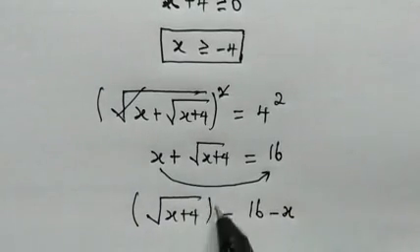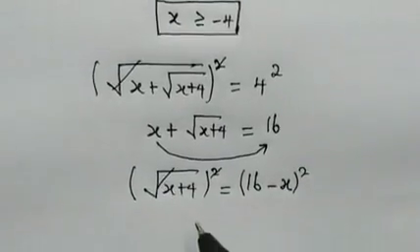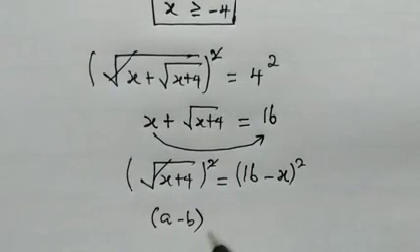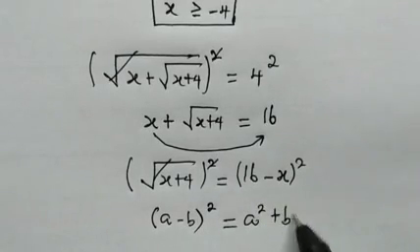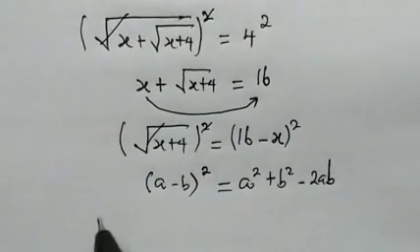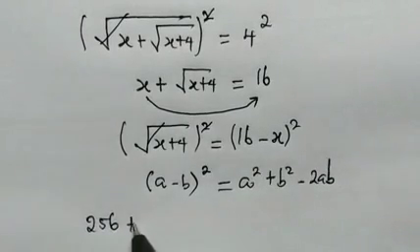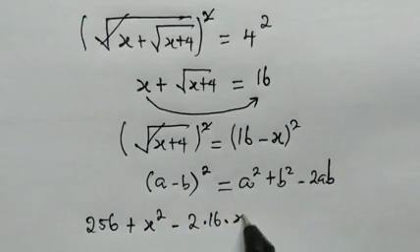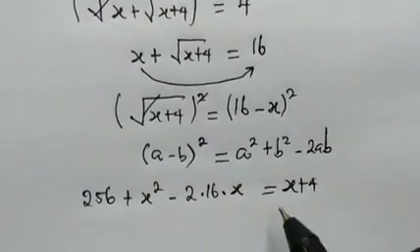Let us square both sides again. We cancel the square root here. And from the right hand side, let us make use of this property. We know (a minus b) squared is equal to a squared plus b squared minus 2 times a times b. So using this property, the right hand side will become 16 squared, which is 256, plus x squared minus 2 times 16 times x. Then this will be equal to, from the left hand side, we have just x plus 4.